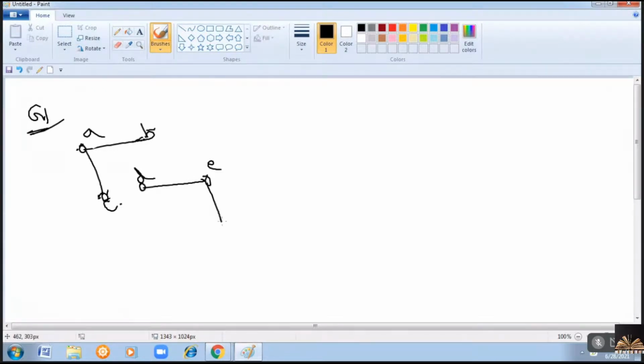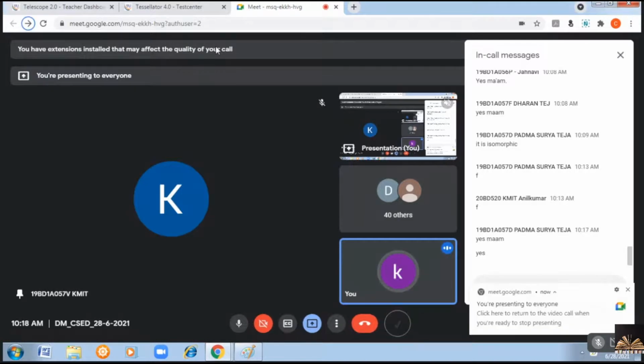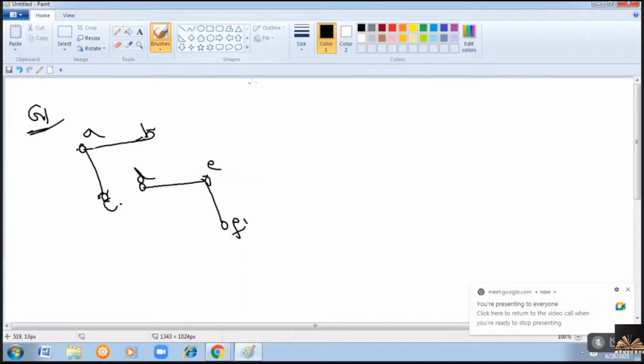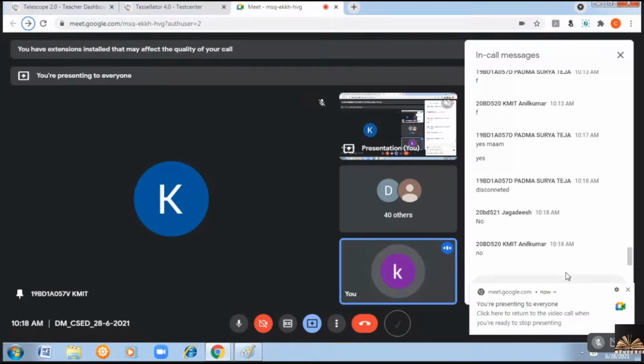Now consider one more graph. Tell me whether it is a connected graph or not. If not, how many connected components do we have? Is G2 a connected graph? No. Then how many connected components?